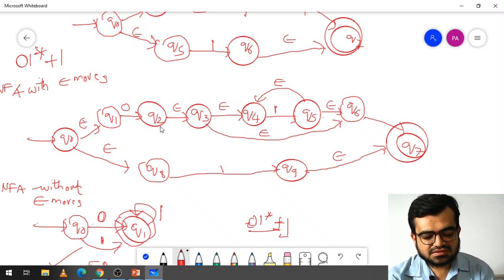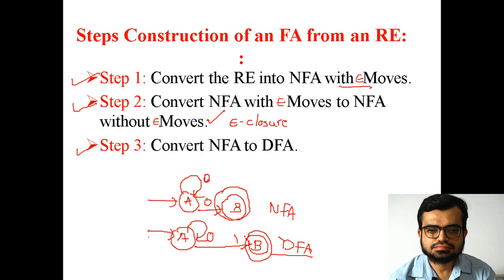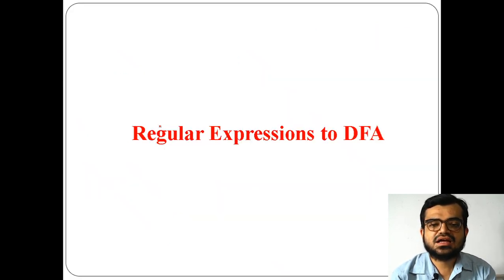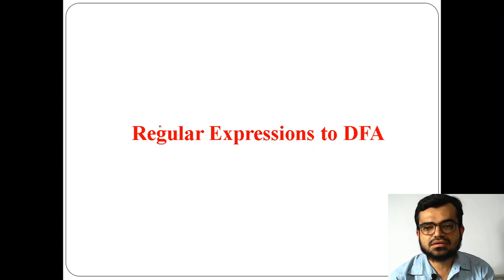So like that the things will be there here. So now the third step is, if you got an NFA, we need to convert it into a DFA, because our ultimate desired goal is to reach a DFA.